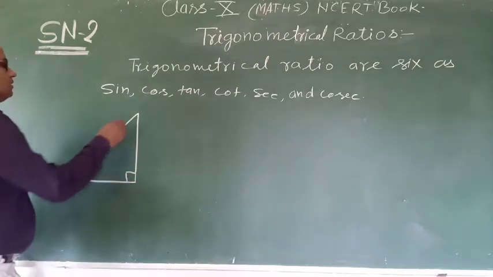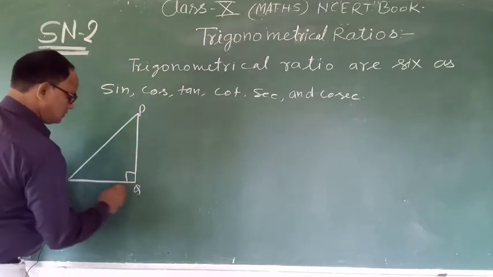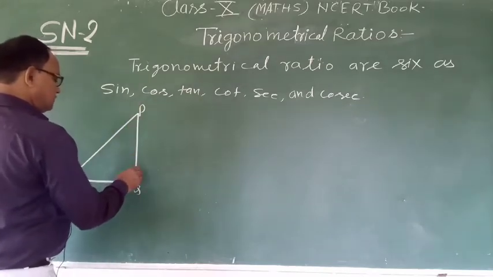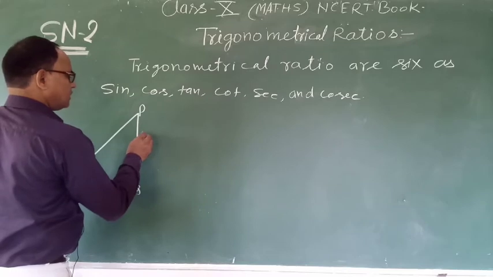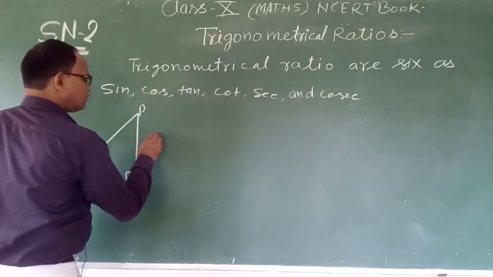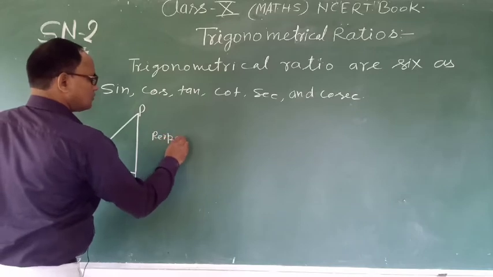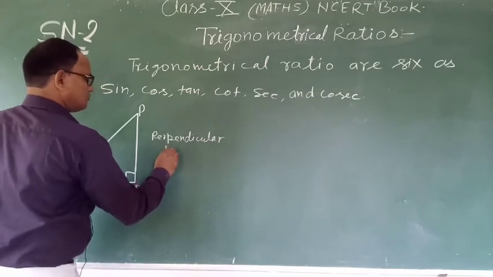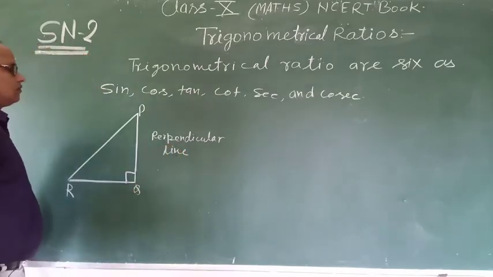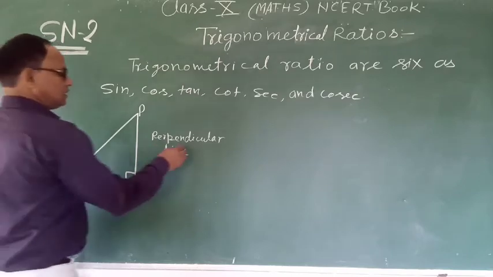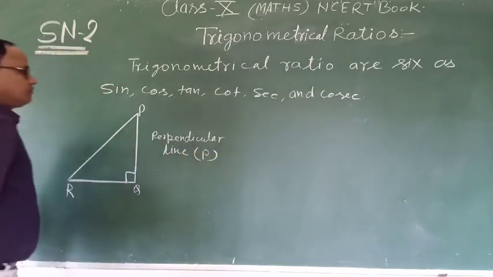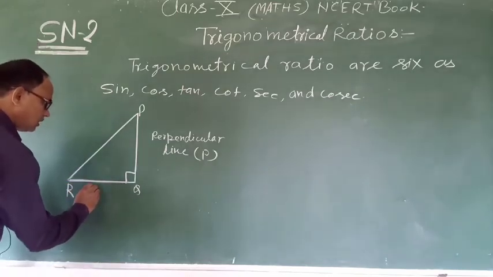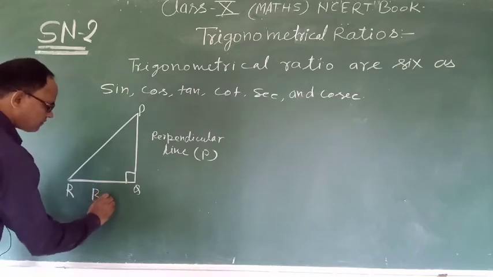Okay students, here P, Q, R. PQ is the perpendicular line, denoted by P, and RQ is the base.